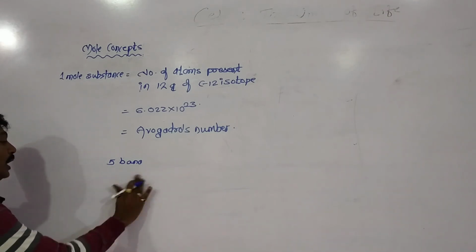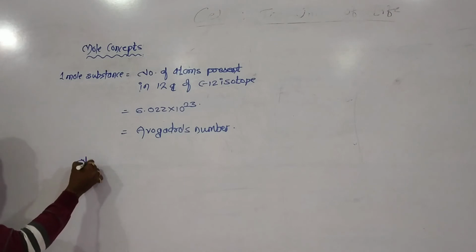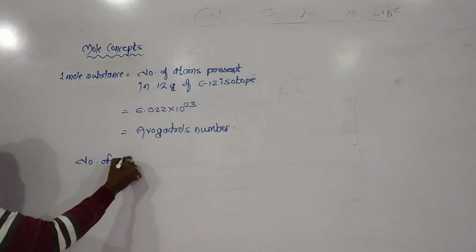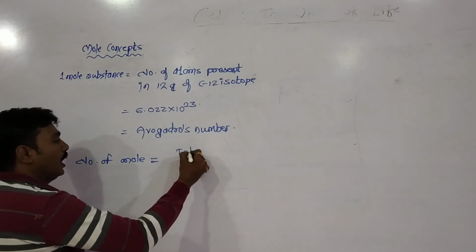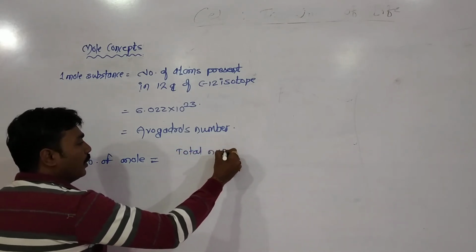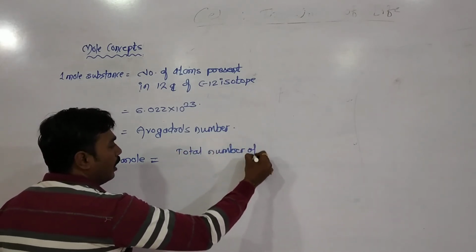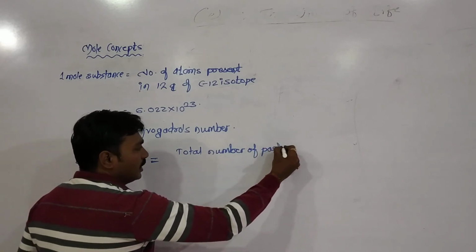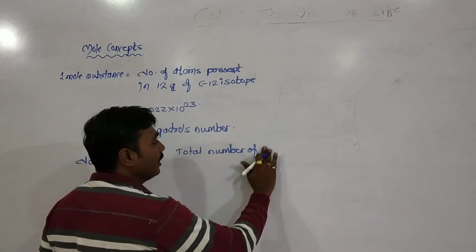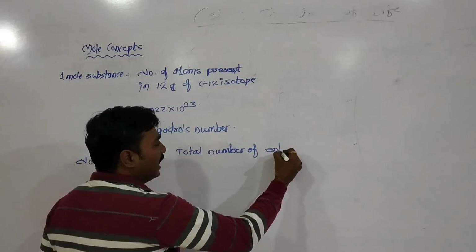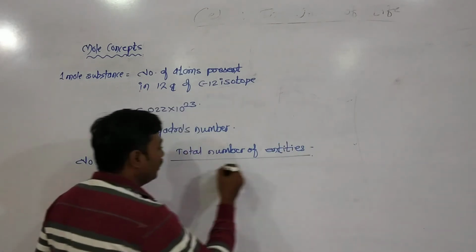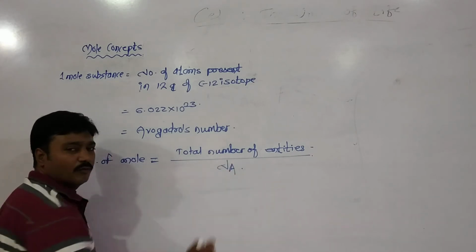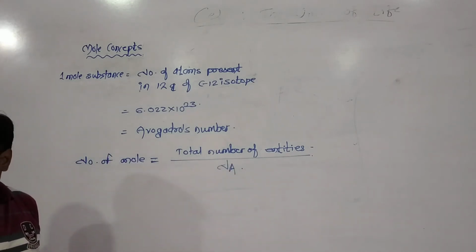For calculating number of moles, I will use the total number of particles or entities divided by Avogadro's number, because one mole substance is equal to Avogadro's number.